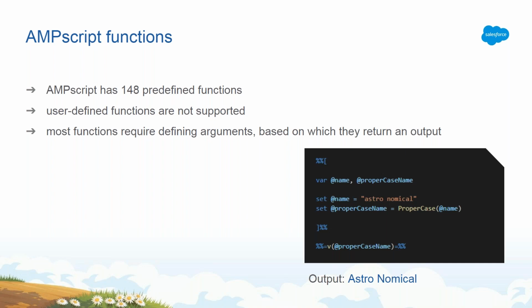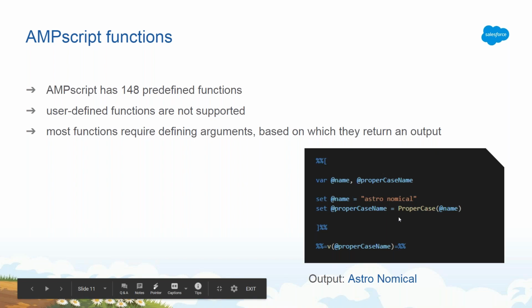You cannot define your own functions like in other scripting languages, like you can do, for example, in JavaScript. AMPscript functions work in a similar way to Excel functions, and this means that there are certain parameters which are set for a function, they are interpreted, and in return they output a value.